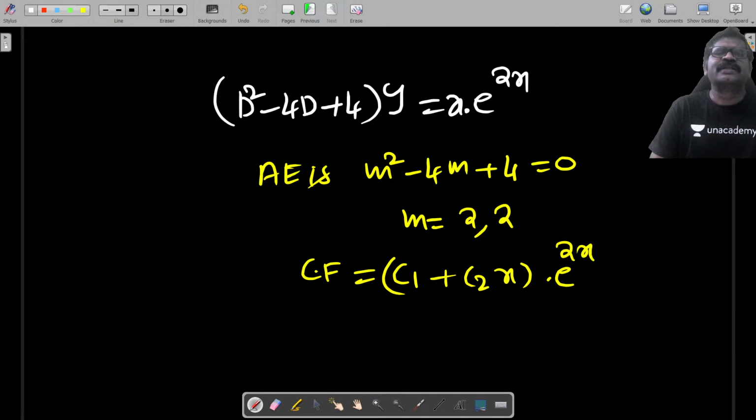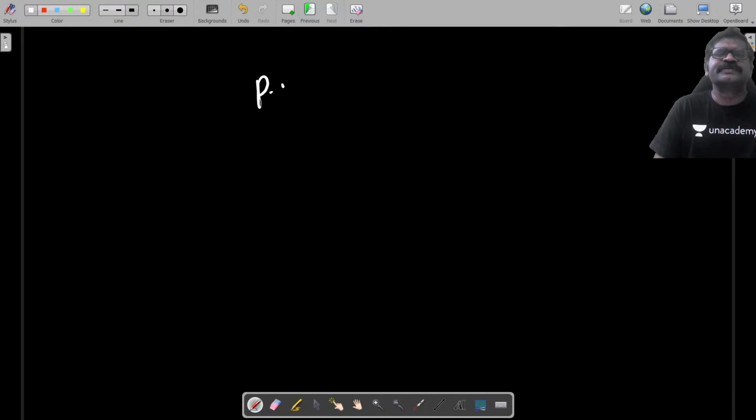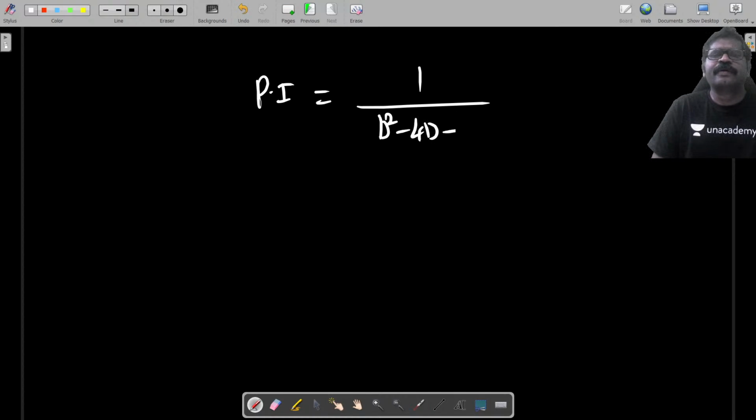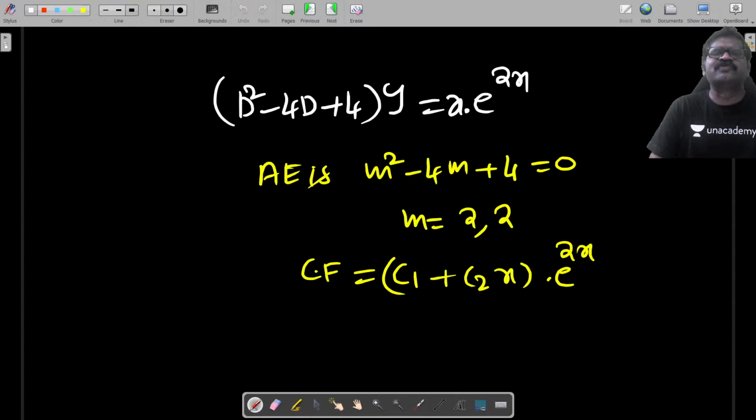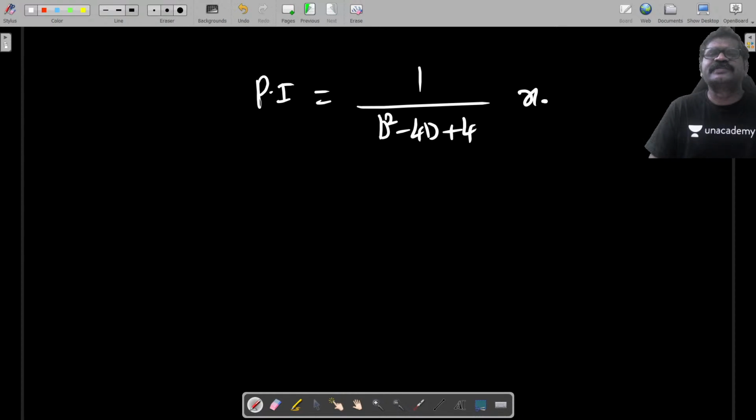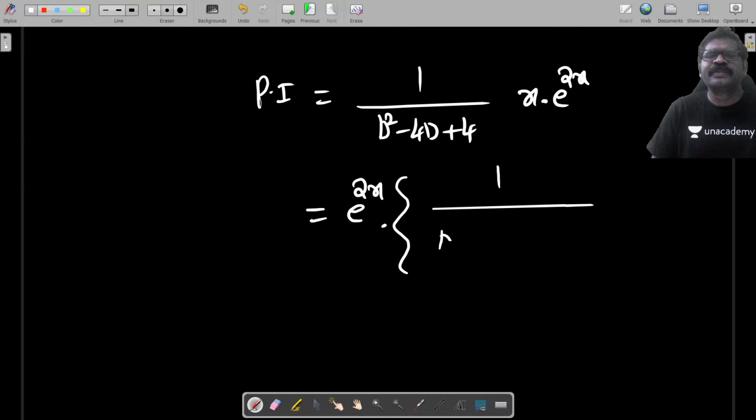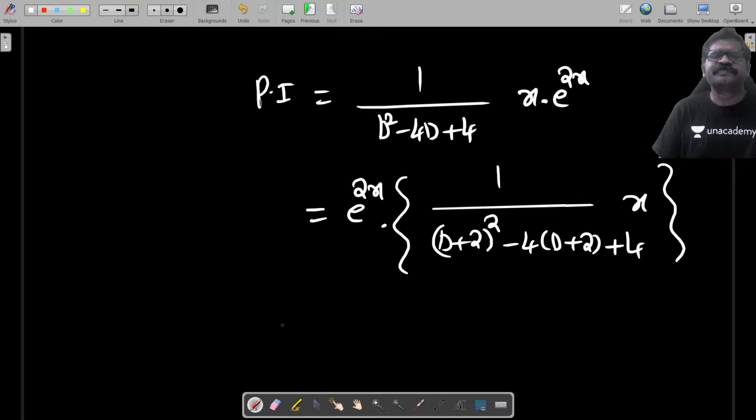Now, the particular integral is 1 by D square minus 4D plus 4 x into e power 2x, that is e power 2x multiplied with 1 by (D plus 2) whole square minus 4 into (D plus 2) plus 4 multiplied with x.